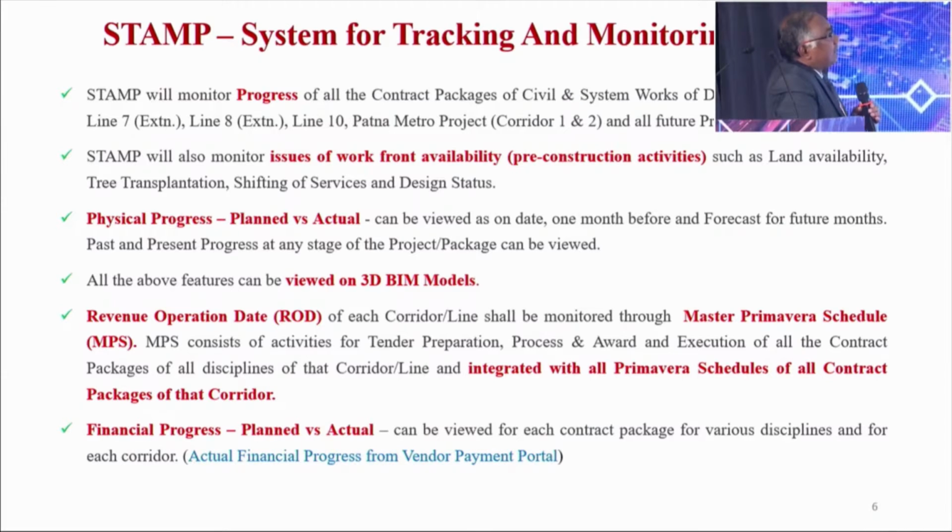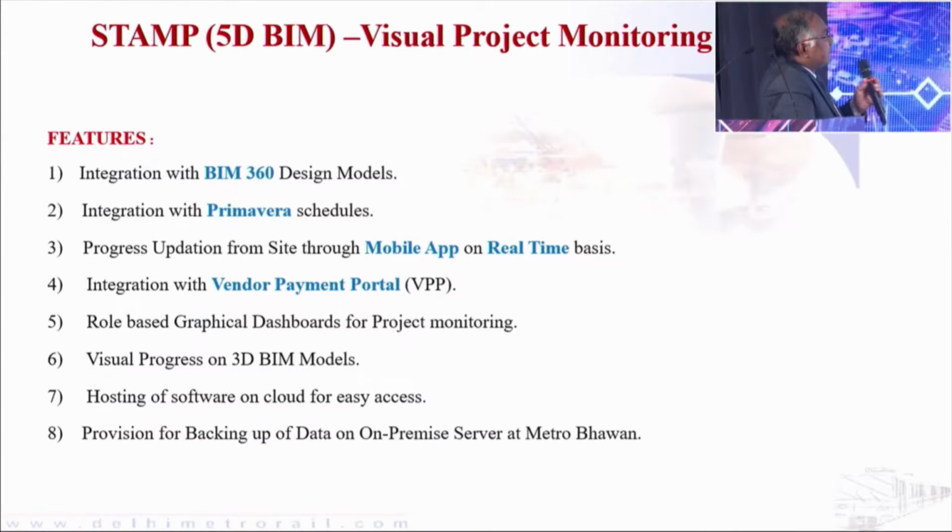Initially it is uploaded in the STAMP as a financial plan. Then through the vendor payment portal, whatever actual payments are done, the gross payments, will be reflected in the STAMP. So apart from the physical progress, you will be able to monitor the financial progress of the project also. So these are the features.